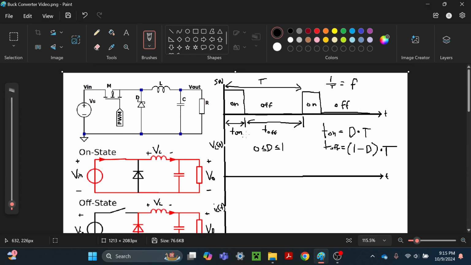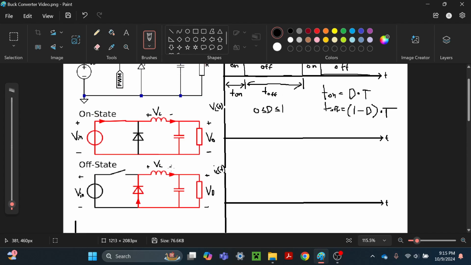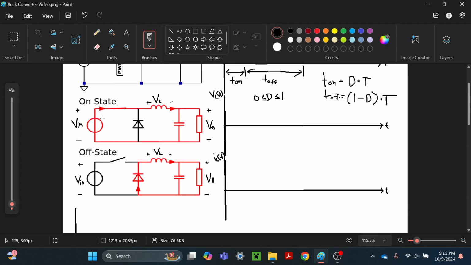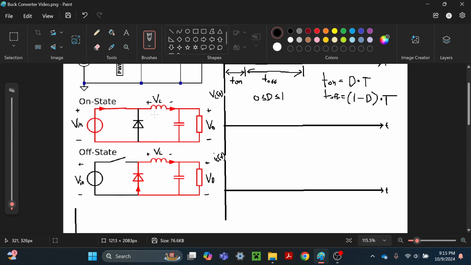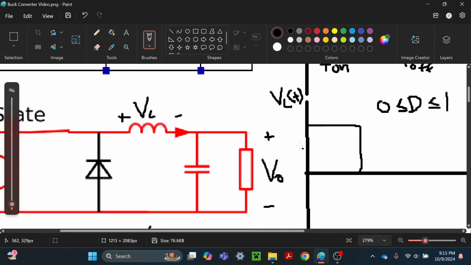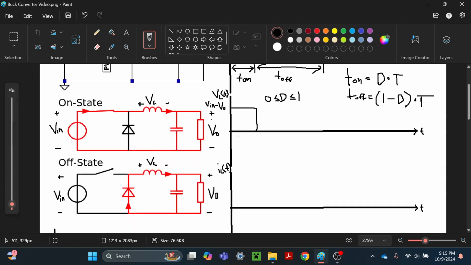So based on this switching, if we look at the circuit when the switch is on, so the switch is closed, we'll see that the voltage across the inductor, like I said earlier, is V in minus V out. So that's going to be a positive voltage. So this is V in minus V out.